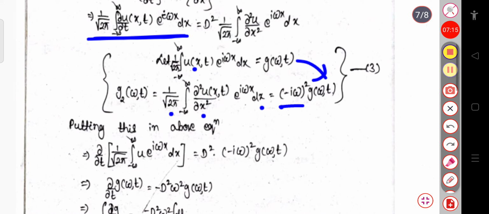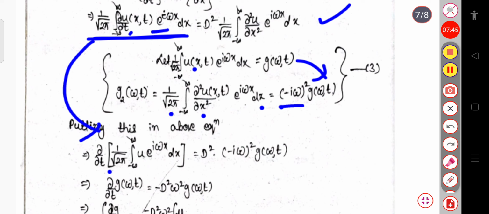Now if I put equation 3 in this equation, on the left hand side we have ∂/∂t of 1 by root over 2 pi, integration over minus infinity to plus infinity of u exponential i omega x dx.